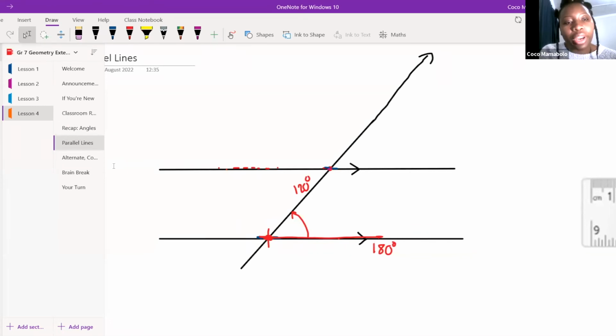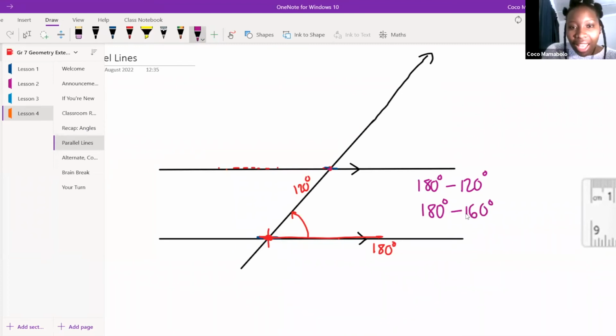Miss Elani, if you got 120 degrees, then what you need to do is say 180 degrees minus 120 degrees. Same with Shiluva. If you got 160, what you need to write down is 180 degrees minus 160 degrees. And that's going to give you this angle over here. That's going to give you the angle you're looking for.